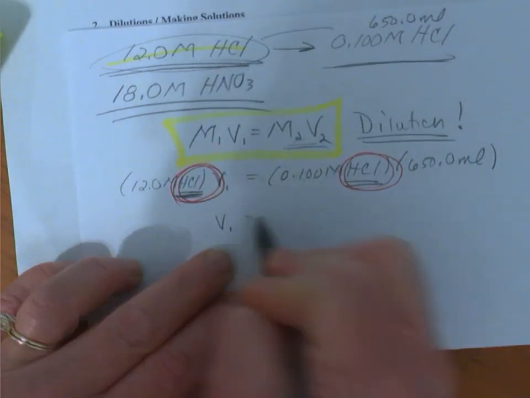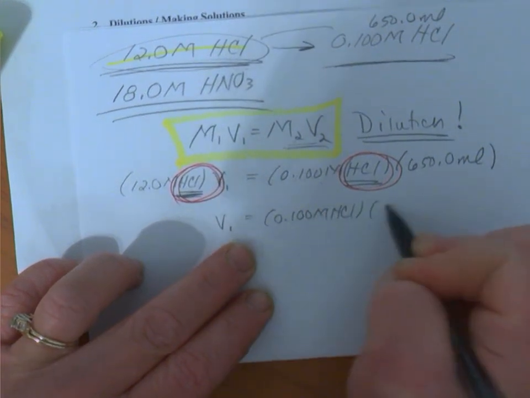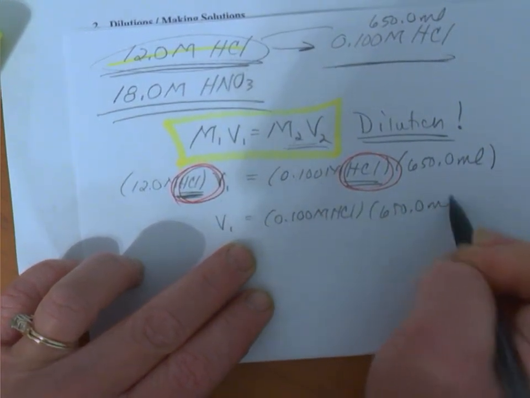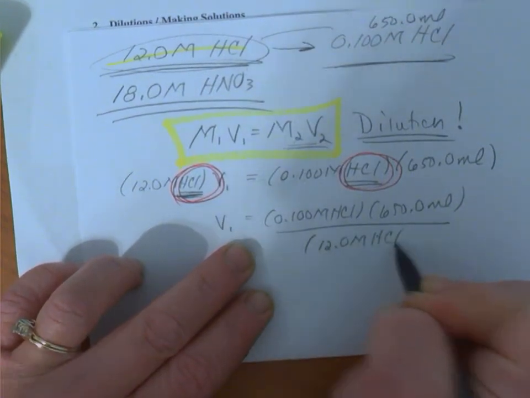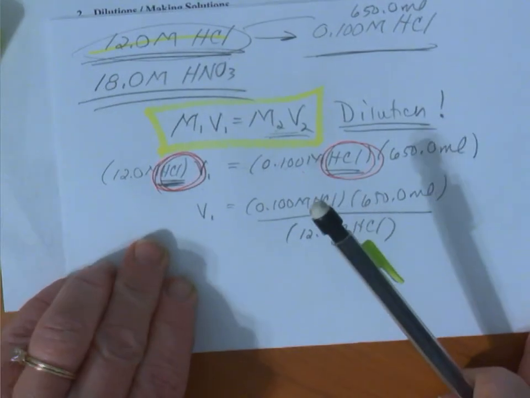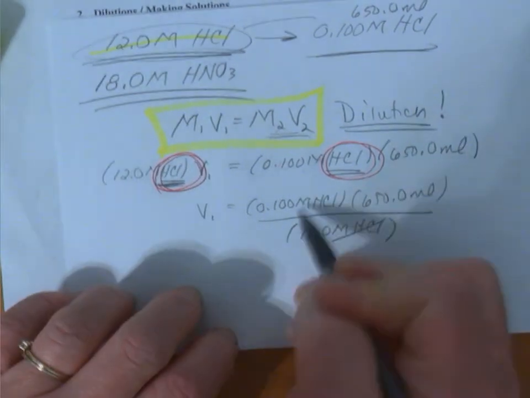So we take our 0.1 molar HCl times the volume that we're trying to make, divided by the 12 molar. Now, I know molarity is moles per liter, so is it okay that this volume is in milliliters? Absolutely, because these cancel.